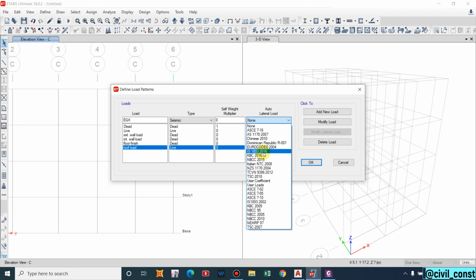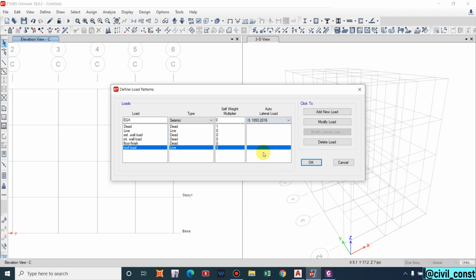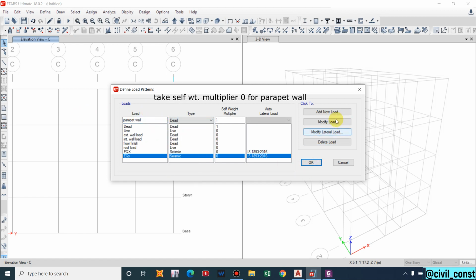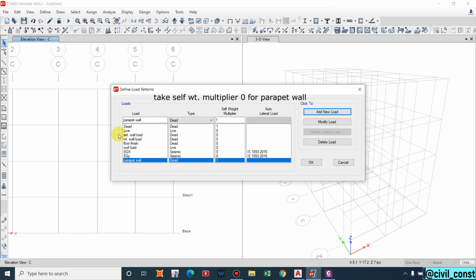For now I'll be using IS 1893 2016. Add new load. Similarly along the y-axis, add new load. Any other load? Parapet wall, this is also dead, add new load. So these are the list of loads that will be considered.